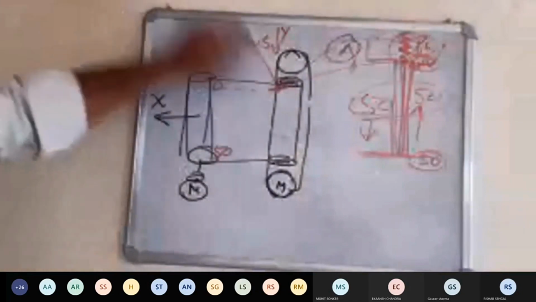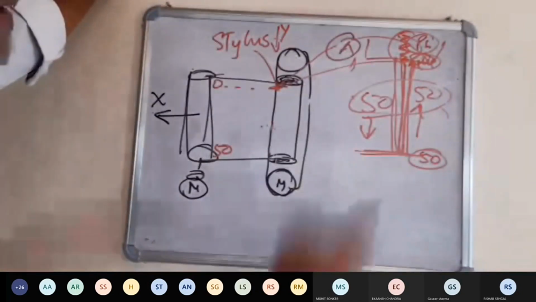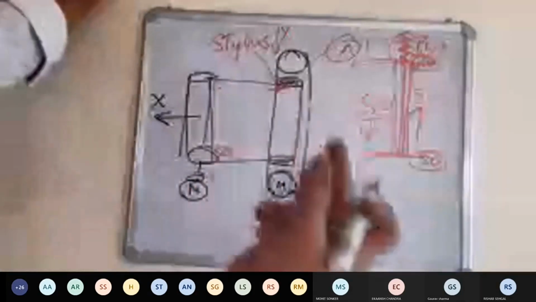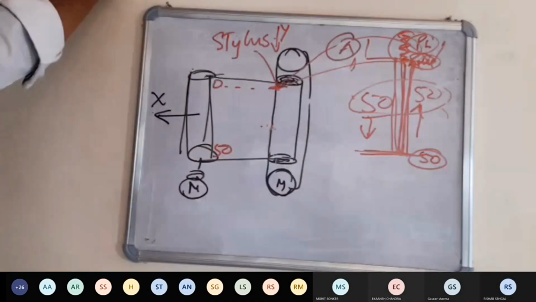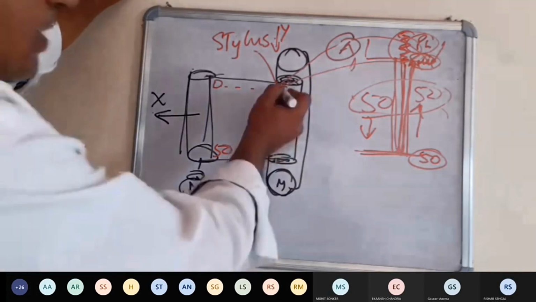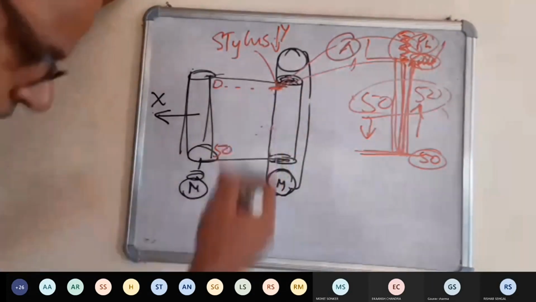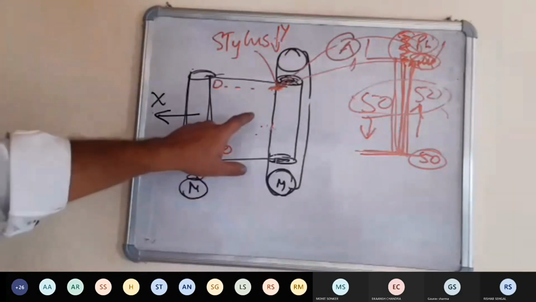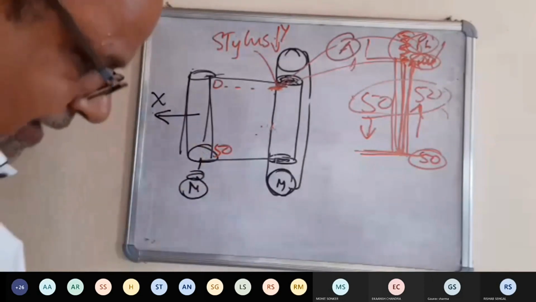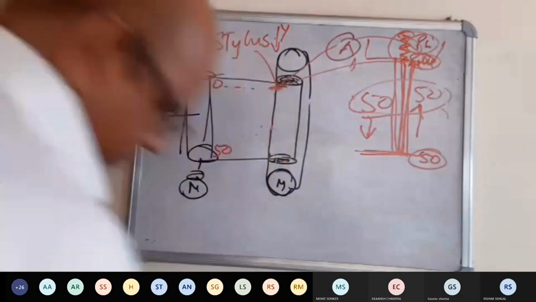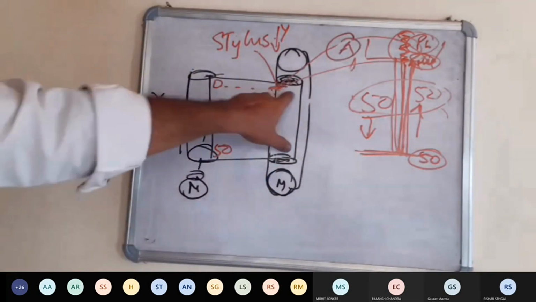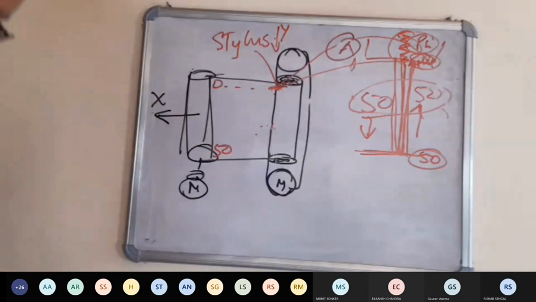When this signal comes, the stylus becomes hot from the current. When it becomes hot, this heat gets transferred to the paper. This is a special type of paper called thermal paper, and when it is heated by the stylus, it becomes black.